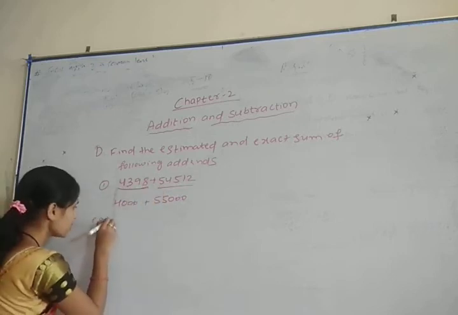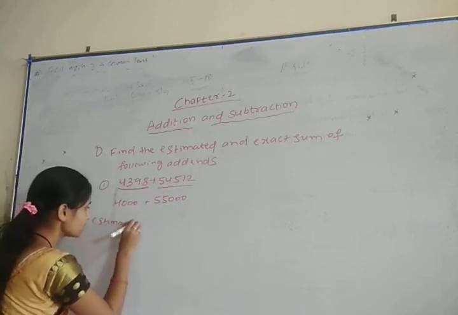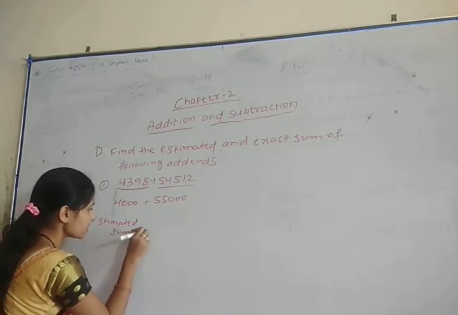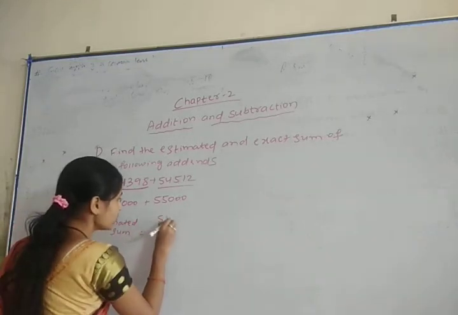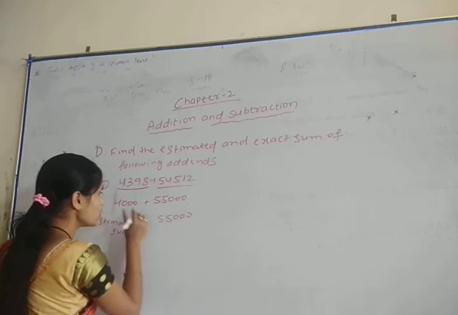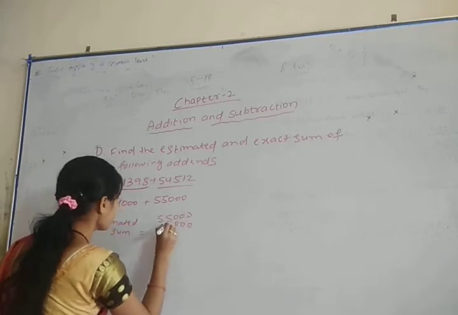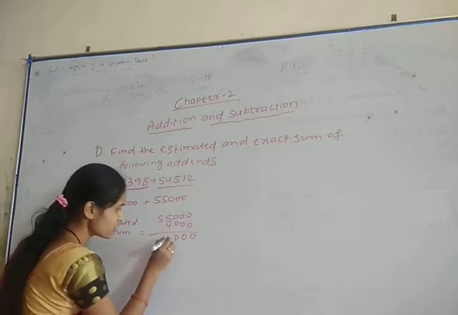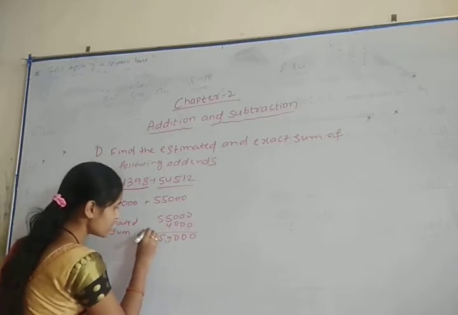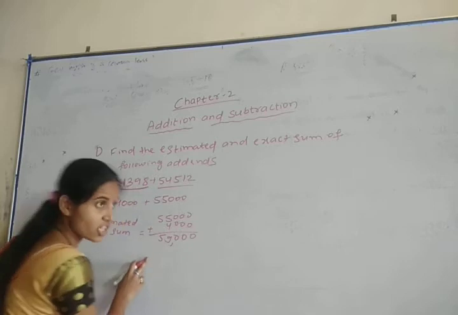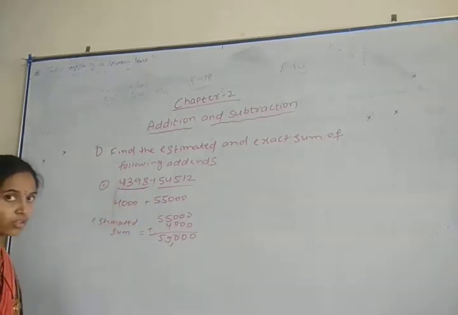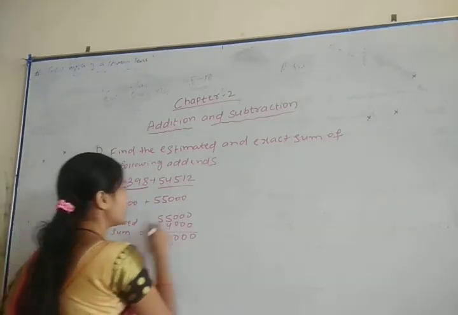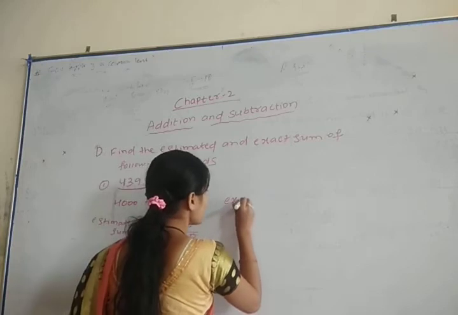Here the estimated sum is equal to, we will add these two numbers. 5 plus 4 is 9. So write 5 as it is. 59,000 is the estimated sum of these two numbers. Now find the exact sum of those two numbers.